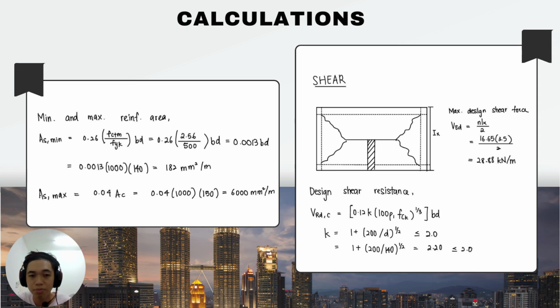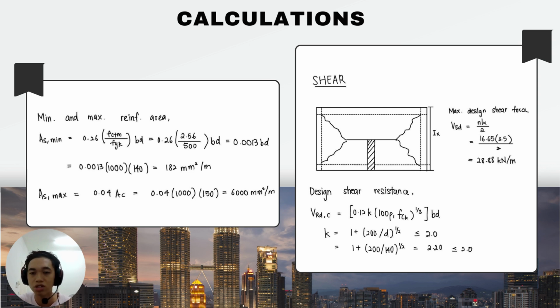For the AS minimum and AS maximum, we have obtained the value of 182 millimeter square per meter for the AS minimum, and for the AS maximum, 6000 millimeter square per meter. And for the shear, as you can see in this slide, we have obtained the value of 28.88 kilonewton per meter.